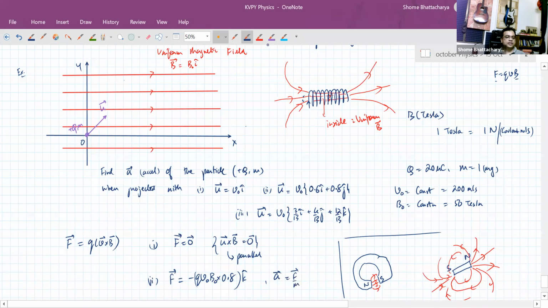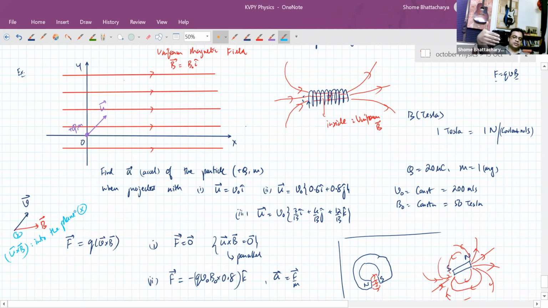So in the diagram also you can see that if your V is like this and your B is like this, then what is the direction of V cross B? It is going into the plane, which we generally show with a cross. You use your right hand thumb rule.